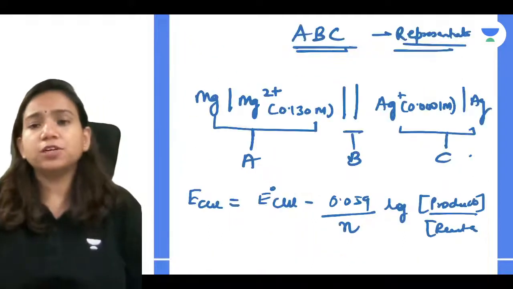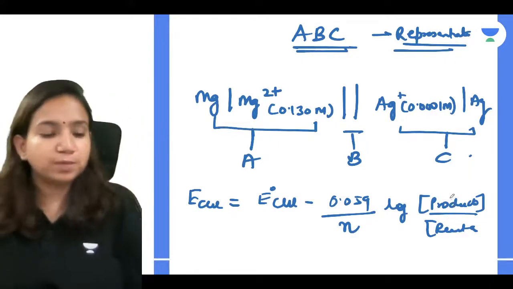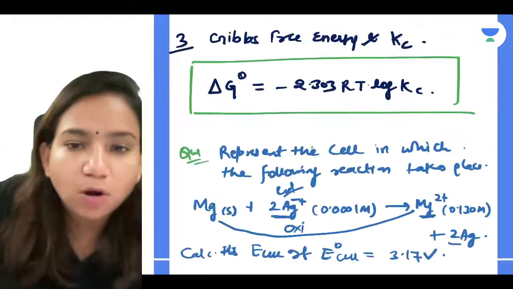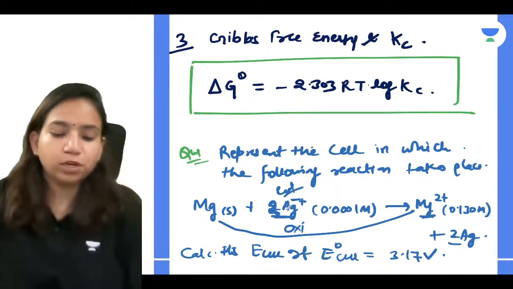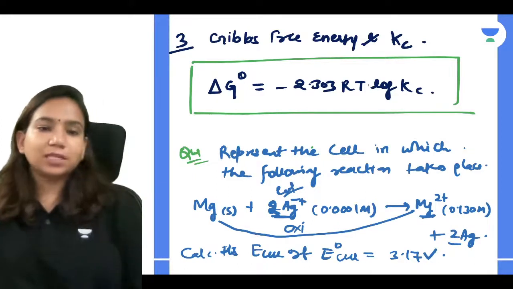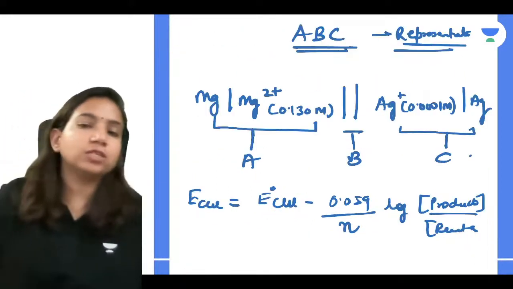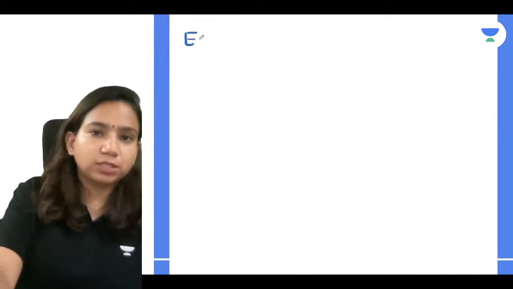So I'll be mentioning concentration of products divided by reactants, or concentration of anode divided by cathode. My cathode here is silver, which has a 2 stoichiometric coefficient. So this 2 will come in the power when we mention the concentration. That is the important part over here. Rest of the things are simple.